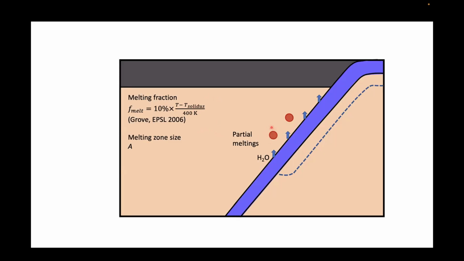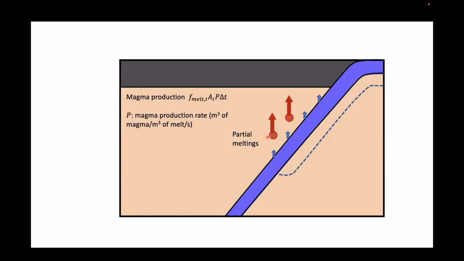So now we have the two regions of partial melting zone, and we can calculate the area of the partial melting. Then we need to calculate how much magma can be generated from these partial melting zones. So we migrate the magma.